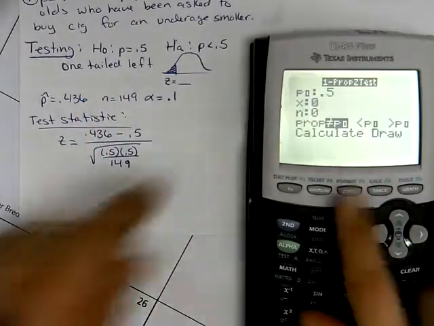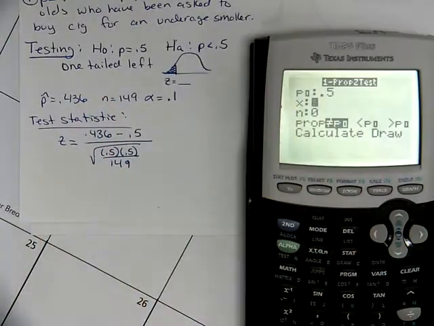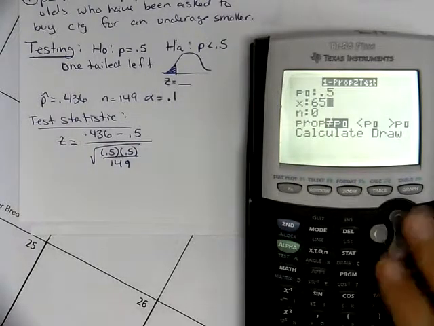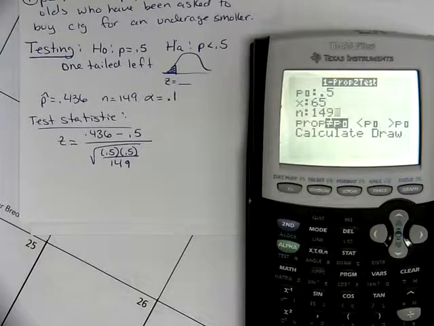So I can't put in 0.436 for x, but I can do 0.436 times 149 to get the actual x value. Here's the other tricky part. I know, there's lots of tricks in this. You can't put a decimal in for x. So what do you think I'm going to do with the 64.964? Round. I'm going to go ahead and round up, because they probably rounded the decimal. So I'm going to make that 65 out of 149.